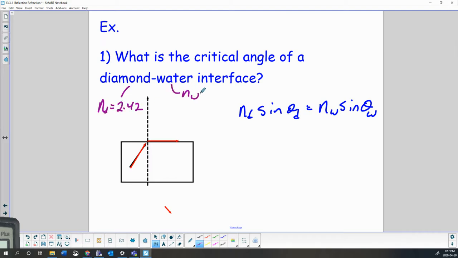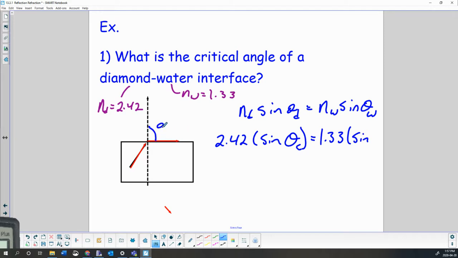Index of refraction for water is 1.33. So we're starting in the diamond with its 2.42 index of refraction times the sine of the angle. This is what we're looking for, the angle in the diamond. That's the critical angle. Index of refraction in water is 1.33 times the sine of the angle in water, which is 90 degrees. So sine of 90 degrees.